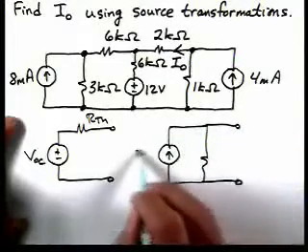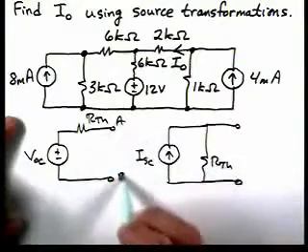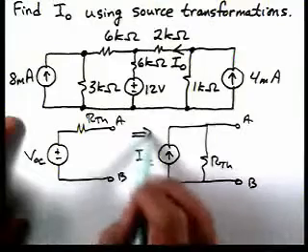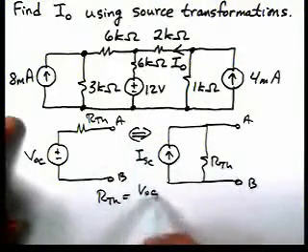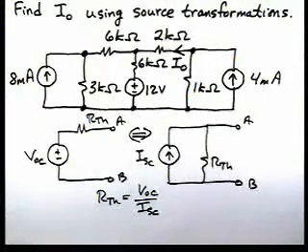So if we look at the two circuits, then we can transform between these two. And remember, of course, R Thevenin is V open circuit over I short circuit. So this is a source transformation.